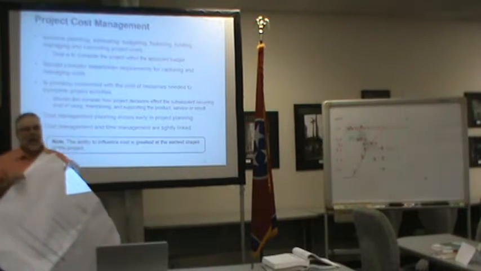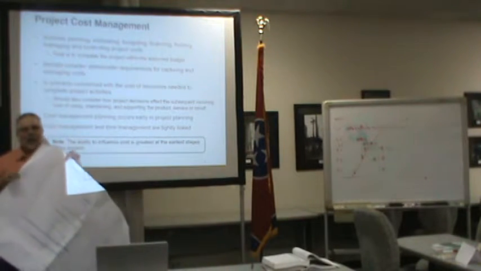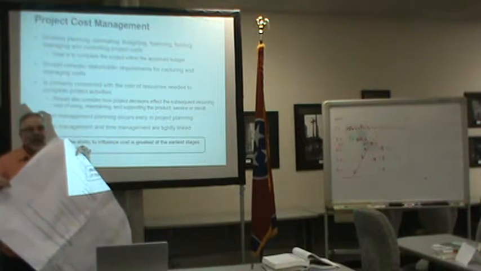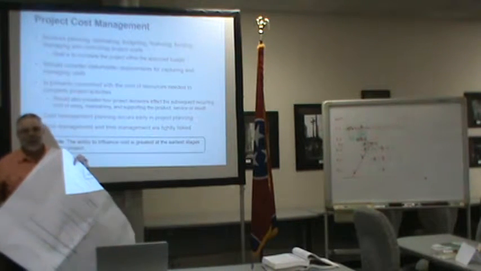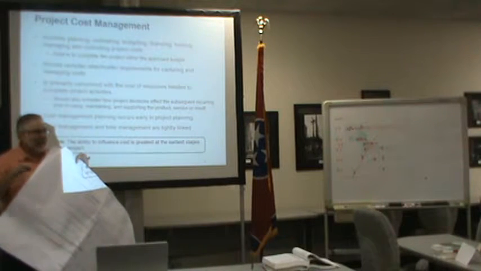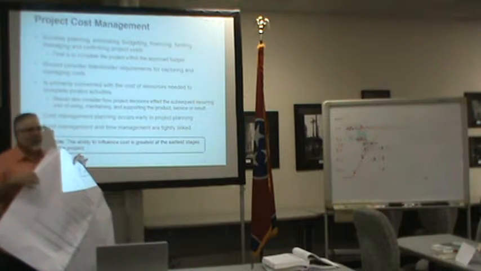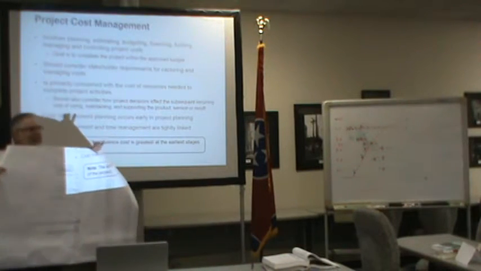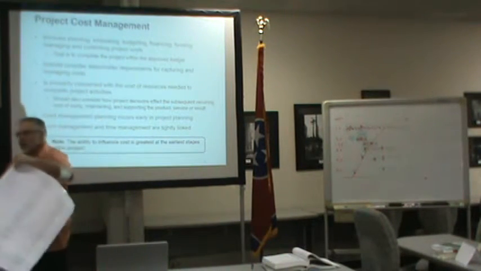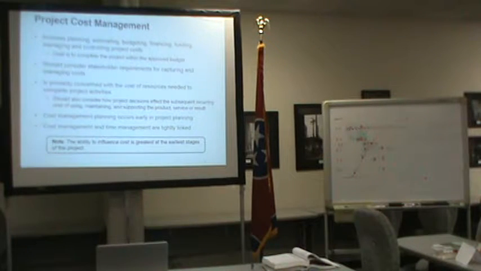WBS is not schedule. WBS is not cost. WBS is work. Work content. WBS is work content. So this is what people see in their mind when you say project management plan.